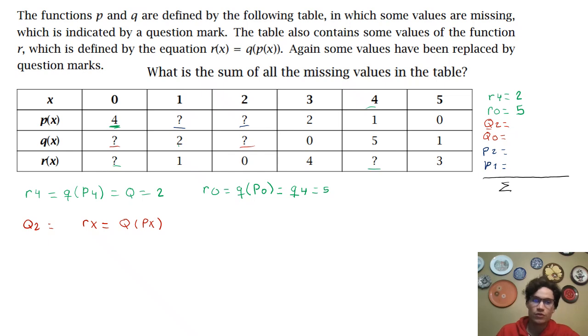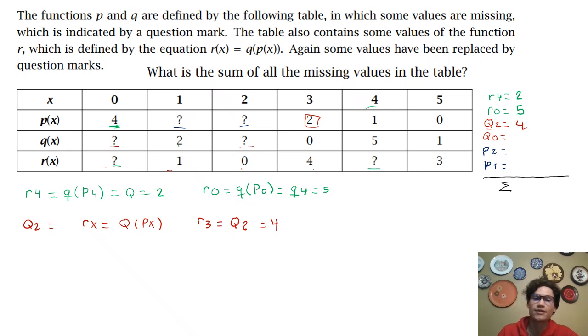When P of X is equal to 2, that's fine. P of X is equal to 2 when X is equal to 3. So R3 is equal to Q of 2. And R3, let's see, 1, 2, 3 is equal to 4. This is the next missing value.